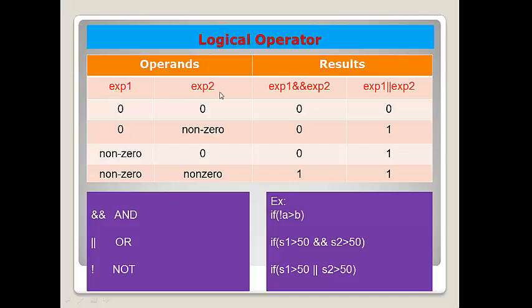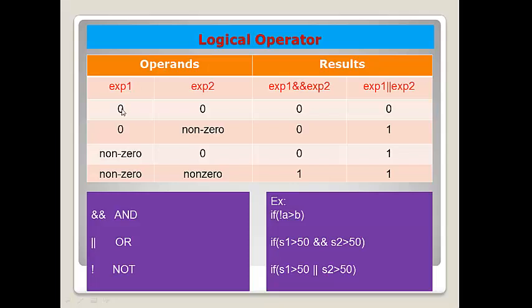Take expression 1 and expression 2. Expression 1 may be an operand or an expression; it may be anything. If we put logical and, that is expression 1 and expression 2. If we put logical or, expression 1 or expression 2.